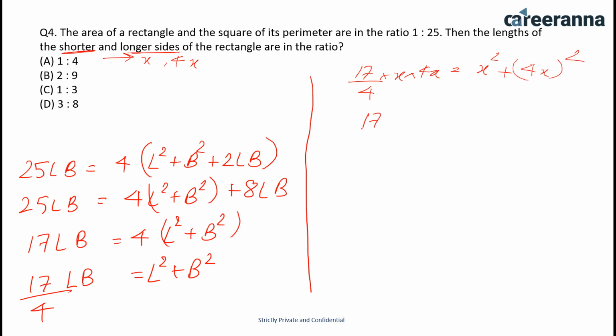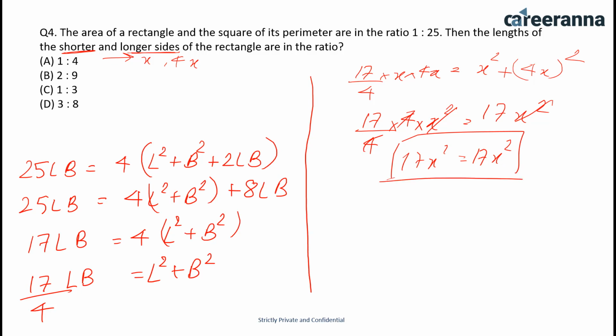This turns out to be 17 by 4 into 4 into x square, and this is 17x square. So this will become 17x square equal to 17x square. So we can say this value is justifying this equation.